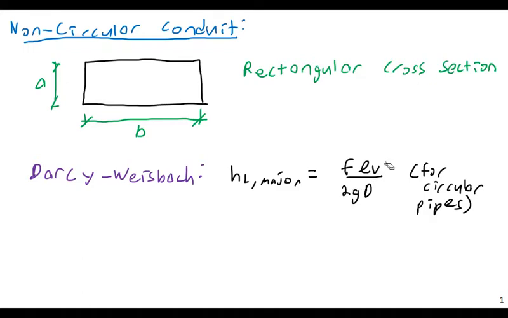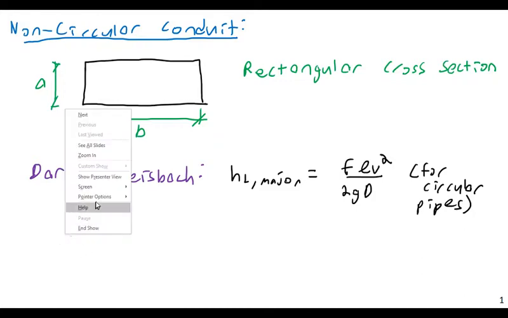So your standard round tubes, pipes, conduits, all of that kind of thing. However, we want to learn how to apply this for non-circular pipes. And we're going to use a different value for our friction factor here.